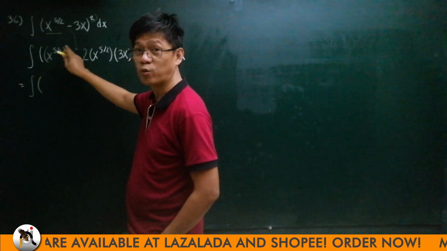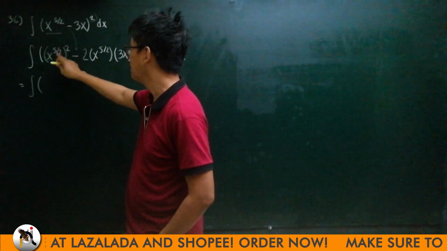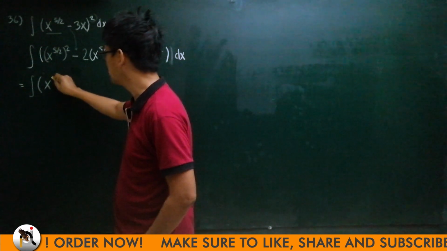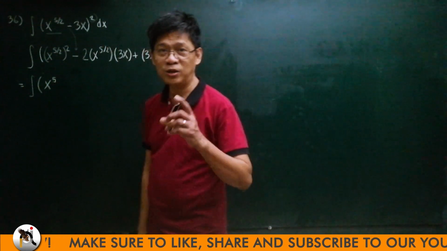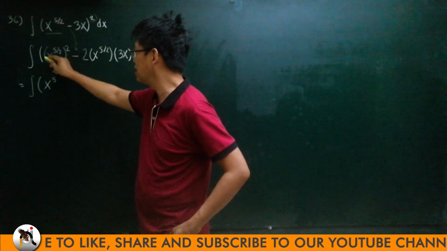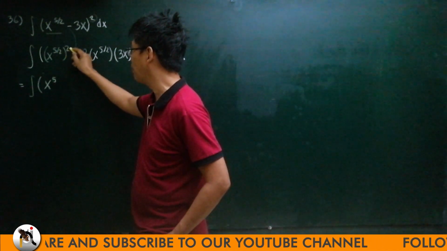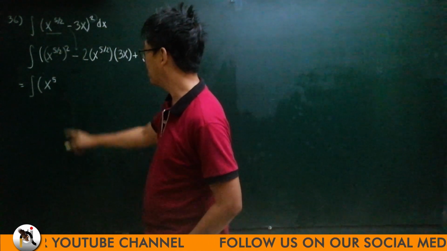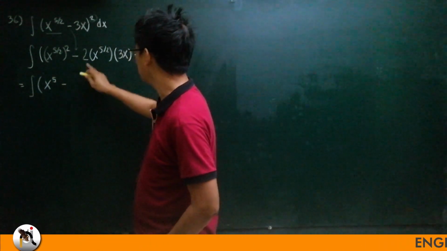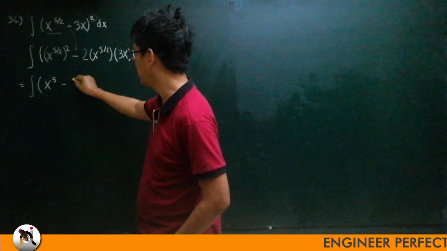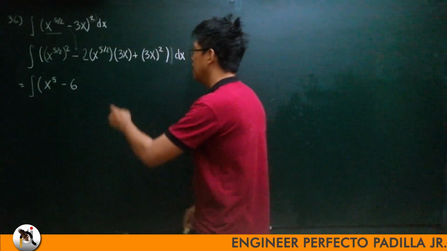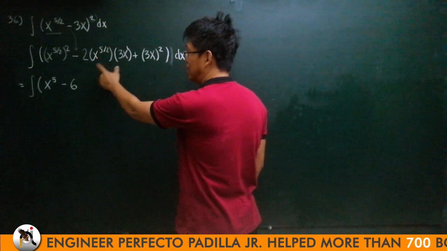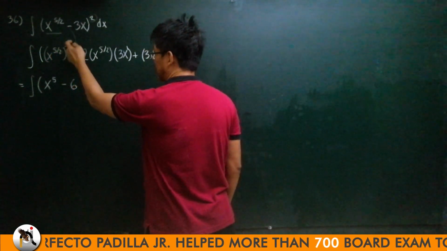5 halves squared. So 5 halves, 5 over 2 times 2. So this is x to the 5. When you raise a certain power to another power, you just multiply the exponent. Okay? So x to the 5th minus 2 times 3, you'll have 6. X to the 5 halves times x to the 1, this is different. This is x to the 5 halves raised to 2.